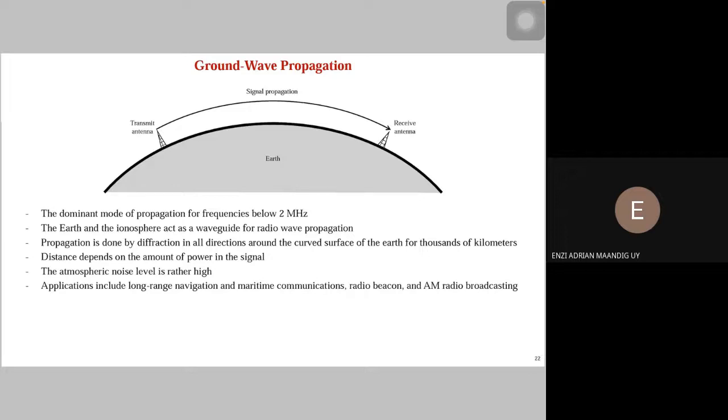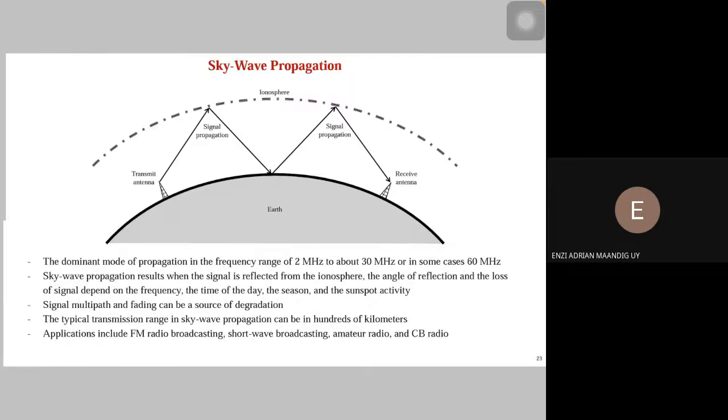It is still wireless, but it is not line of sight, meaning the conductor it uses is the ground itself, or the surface of the earth itself. It is a bit weird at first, but that's what groundwave propagation means.